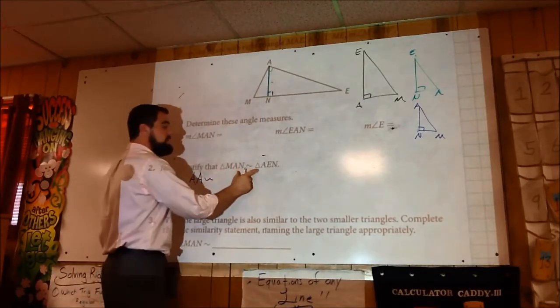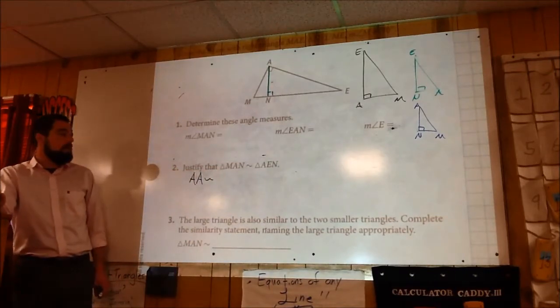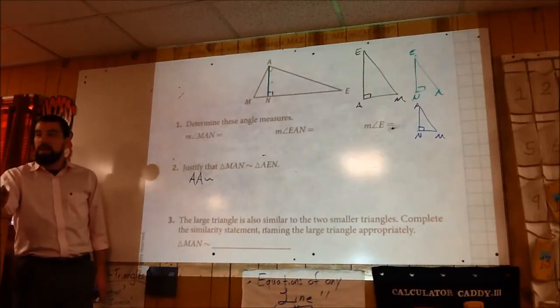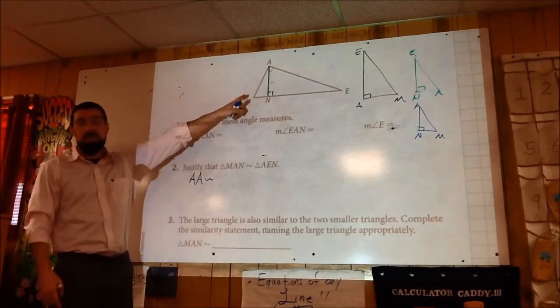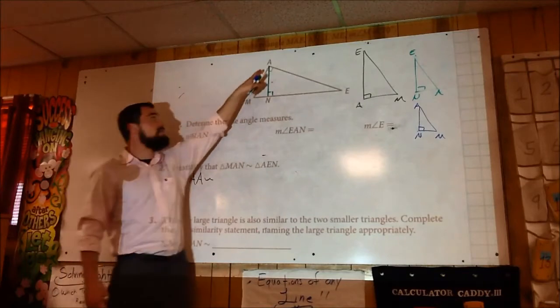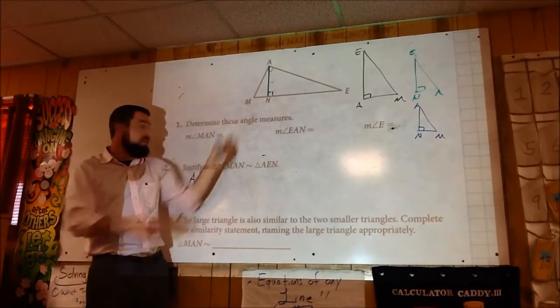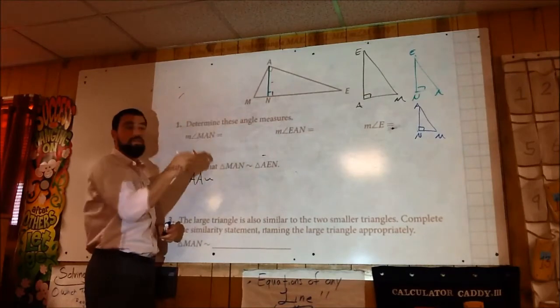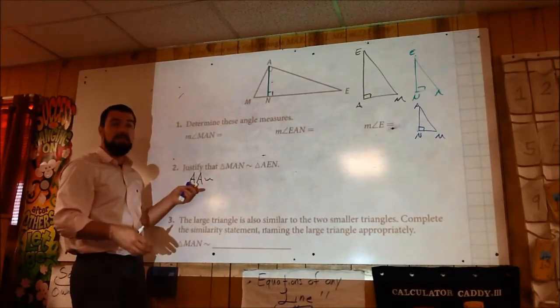Which 2 triangles are these? Is this the small, medium, or large? Which 2? Small and medium. So right now, what we're justifying is that when you have a right triangle with the altitude to the hypotenuse, these 2 smaller triangles are formed, and they are similar. They're similar because of angle similarity.